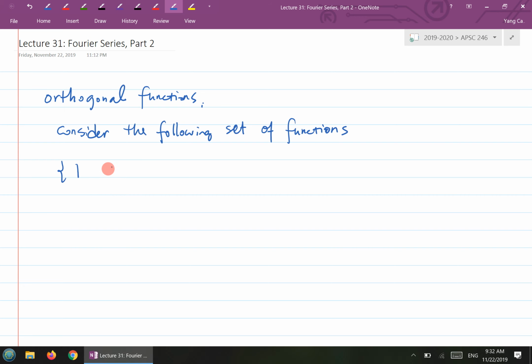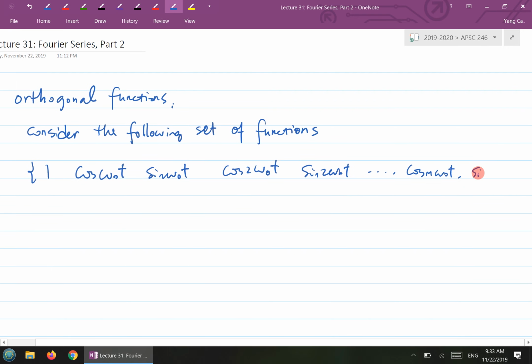1, cosine omega naught t, sine omega naught t, cosine 2 omega naught t, and sine 2 omega naught t, and up to maybe cosine m omega naught t and then sine m omega naught t.